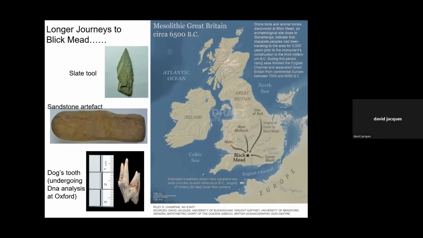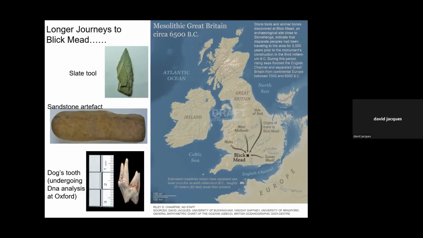Something else which is special, a unique object for the British Mesolithic, is this sandstone artifact, and that comes from the West Midlands. And finally, I mentioned earlier the possibility of dogs being involved in the hunt. You'll understand that domesticated dogs are way rarer at this time than wolves. And obviously the domesticated dogs had been bred from wolves.